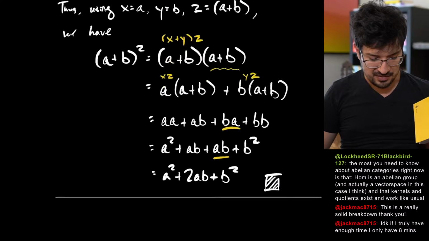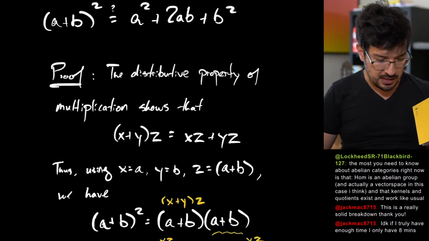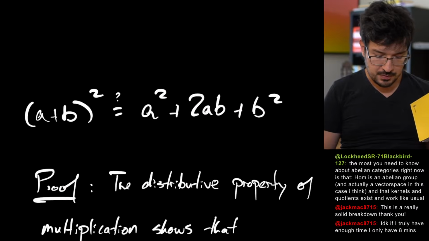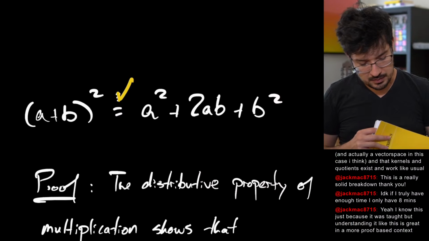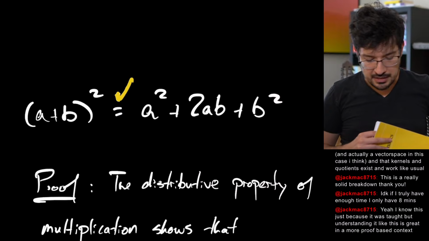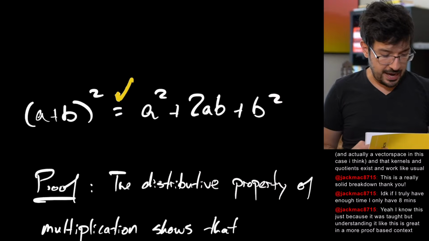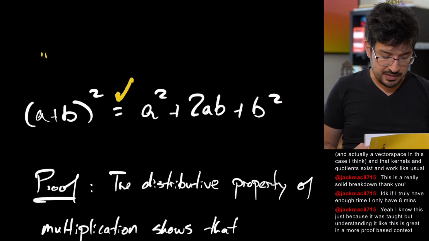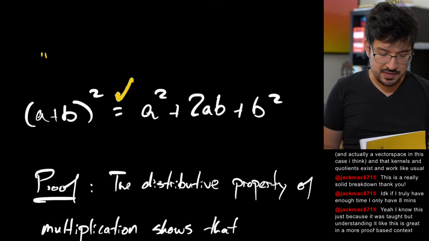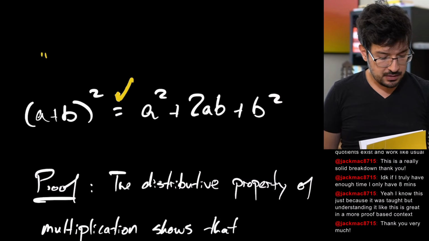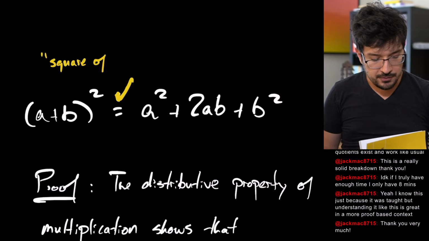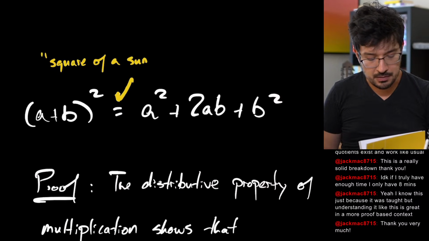I think I did. So this proves this identity. And finally, last thing I want to say is, don't think of this as the a plus b squared formula. Think of this as the square of a sum.